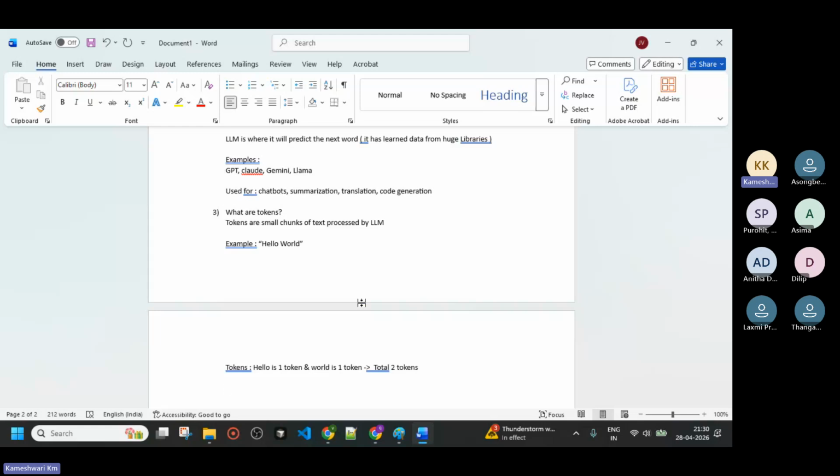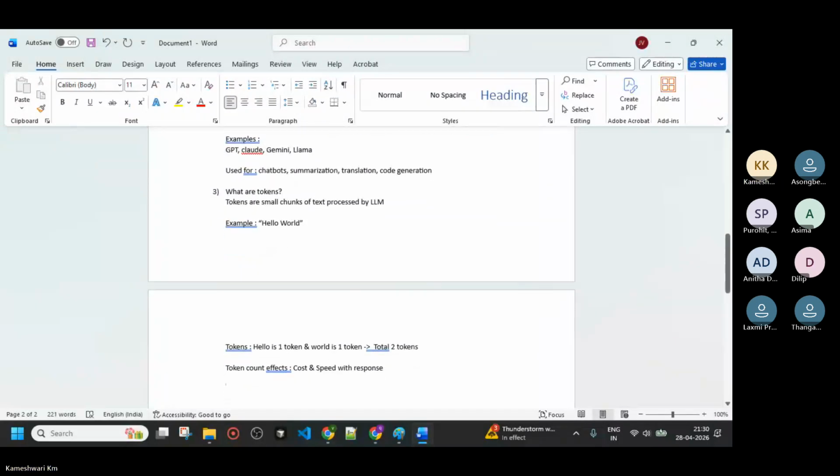Let me add this one as: token count affects cost and speed of response. So the next question may be, what is prompt engineering?